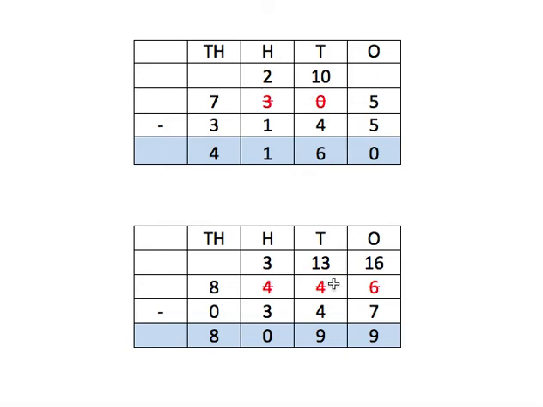And the number we subtract 1 from reduces. And that 1 which we have borrowed will come to the next number written next to it, and then we will subtract.